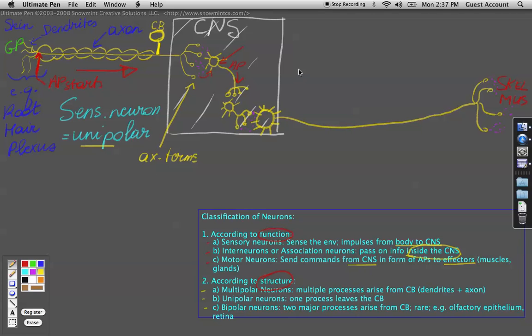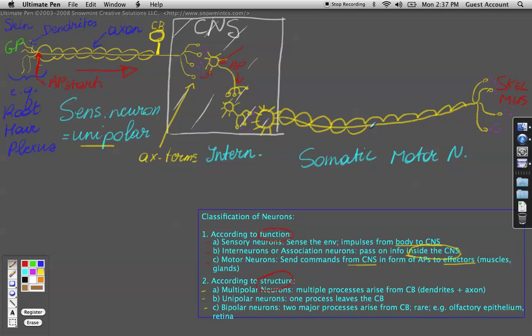Now, your somatic motor neurons, because they're quite long, are always going to be heavily myelinated. I forgot to label these guys as interneurons. Okay, so we're going to see lots of myelination, and remember, the myelination that we see in the peripheral nervous system is the myelination that is created by Schwann cells.